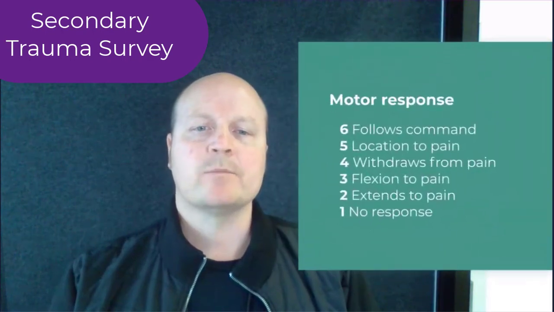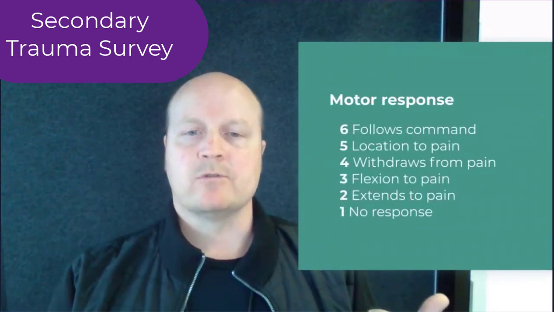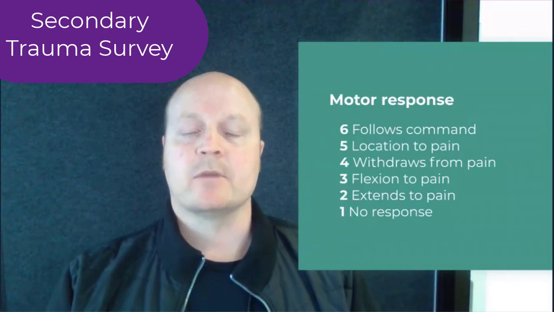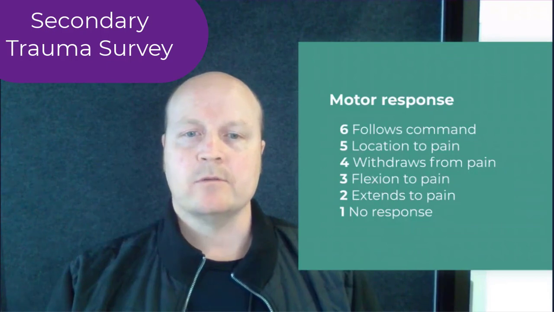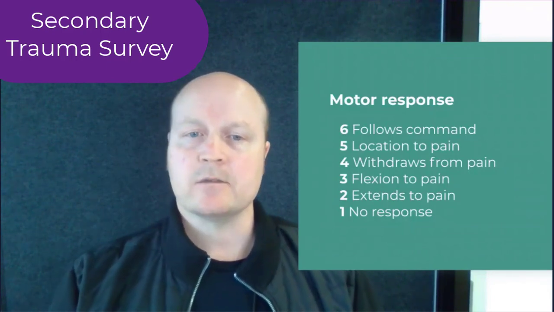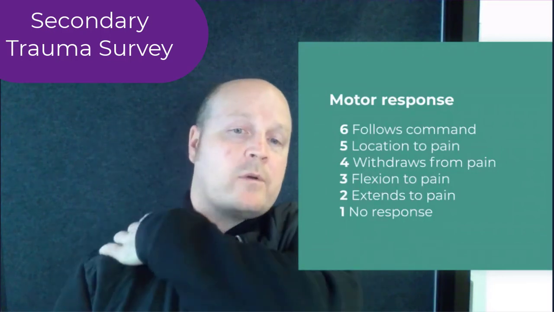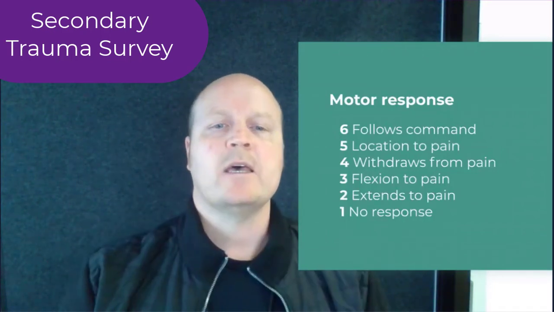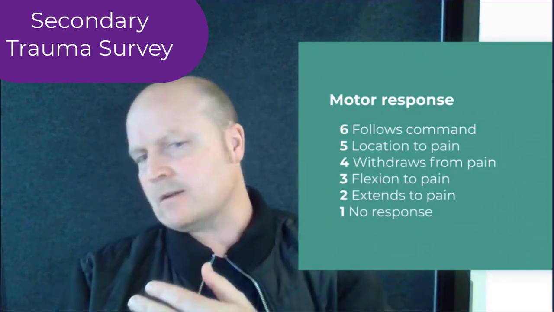And then finally for motor response, can they follow commands? So if you've just done your central nervous system, you've already asked them, can you squeeze my finger or can you move your toes? So if they can do that, that's a 6. And then 5, if they can't follow command, we're going to do a pain response. And then do they localize the pain? Do they reach to the sore spot or look down to the sore spot?